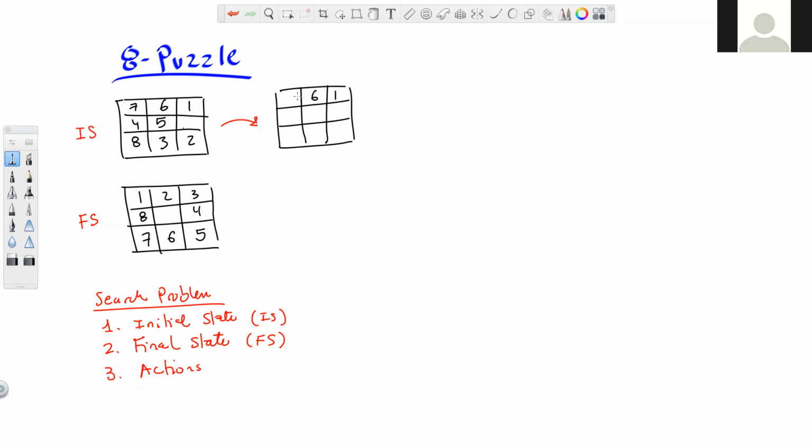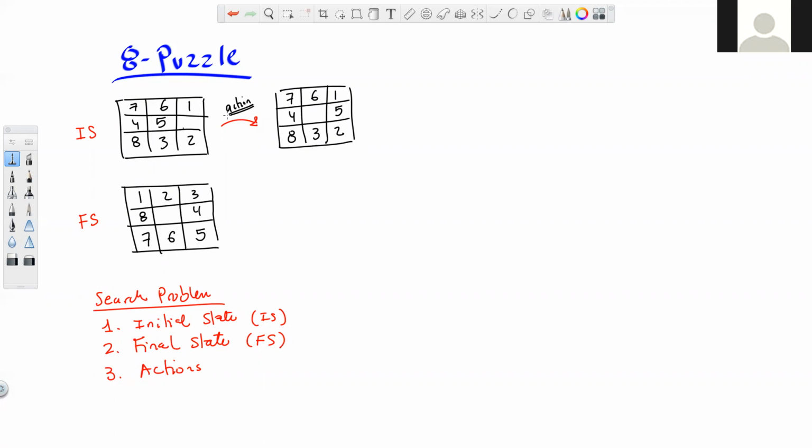So you would have here 1, 6, 7, 4, 5, 2, 3, 8. Okay, so that was an action. Now, you will need to be specific about the set of actions that you can take. And of course, an action will apply to a state and get you to another state.